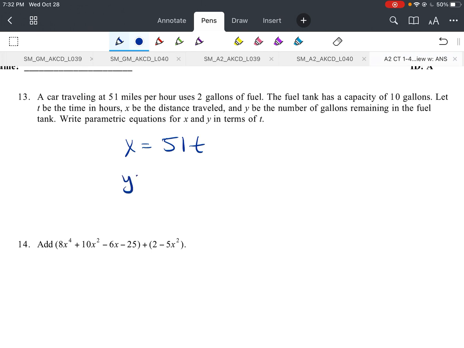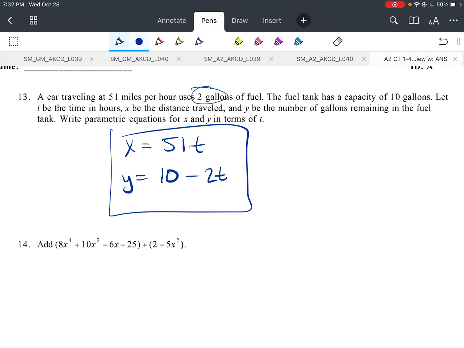So y equals 10, and then every hour that goes by, it uses 2 gallons of fuel. So minus 2 per hour, like that. So just leave the t in there, and I think you're good to go.